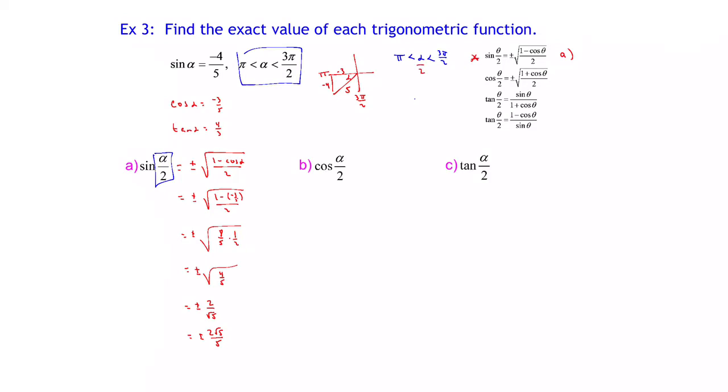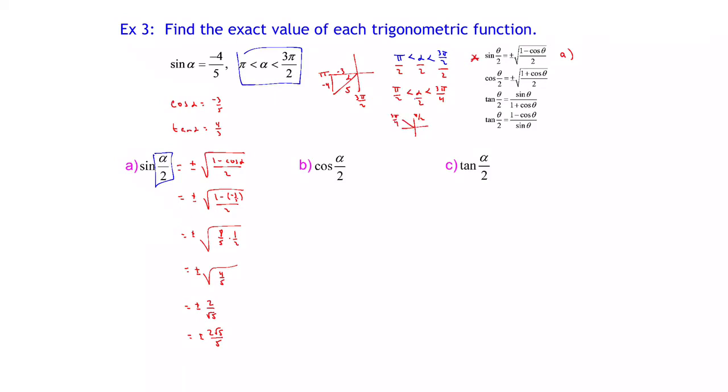So we're going to divide by 2, but we have to do it on all sides, and so that will give us pi over 2. So alpha divided by 2 is greater than pi over 2, and then less than, multiplied by 1/2, 3 pi over 4. So where is that located? Well, pi over 2 is up here. 3 pi over 4 is over here.